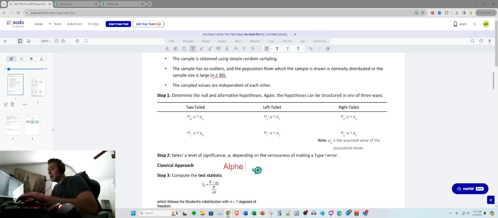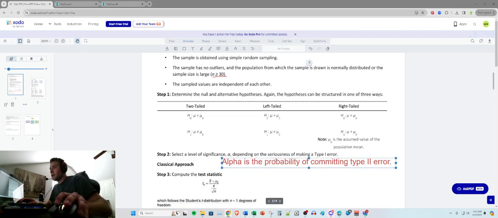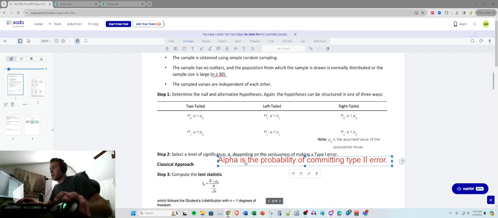You may want to write that here: alpha is the probability of committing a type 1 error. You can add that note right here underneath step 2.